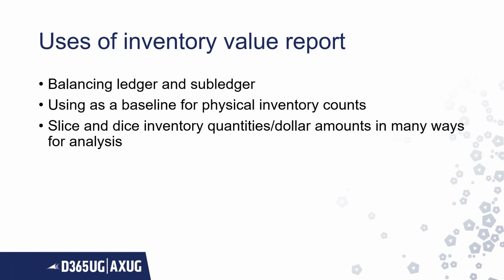That date feature that allows you to look back in time and look at different time periods really allows you to look at how inventory values changed over a period, so you can narrow down how this GL account changed in even one day, and how the subledger changed over the one day. You can pinpoint a smaller amount of transactions versus trying to look at it over a whole year or a whole month or whatever.